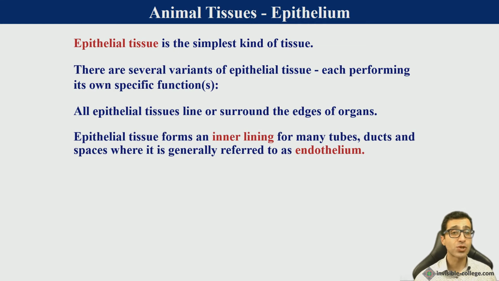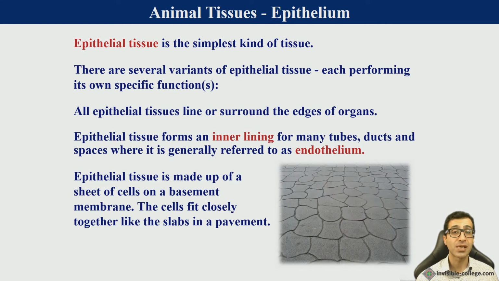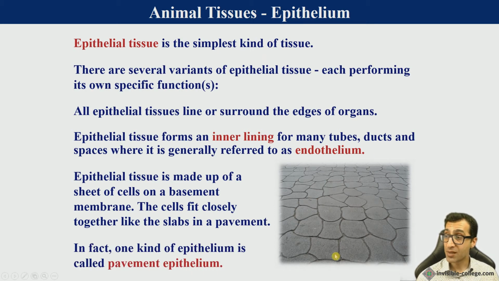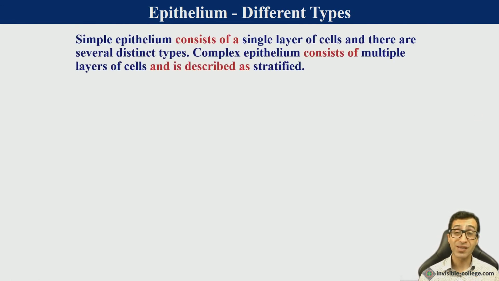So epithelial tissue is made up of a sheet of cells which are found on a basement membrane. Now, the cells will fit closely together like the slabs in a pavement that you see here. Now, in fact, one kind of epithelium is actually called pavement epithelium because it has much the same organization as you see here on this photograph of a pavement. So, simple epithelium consists of a single layer of cells, and there are several distinct types of epithelium.